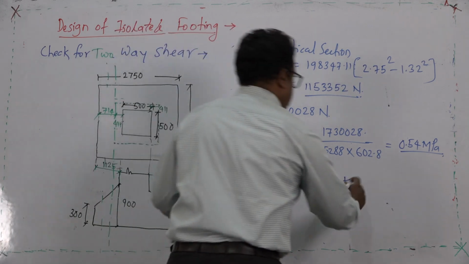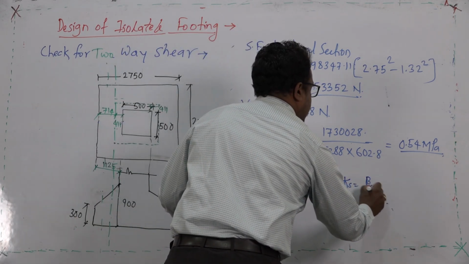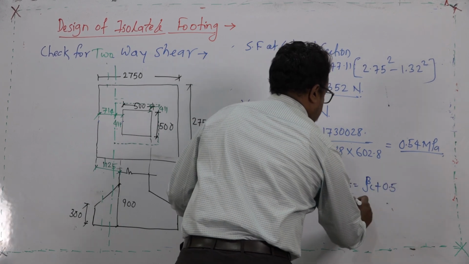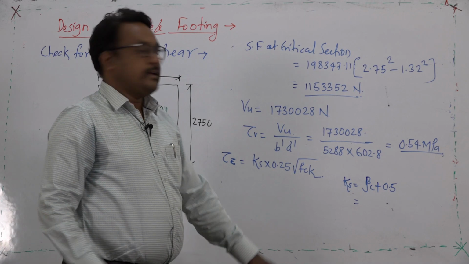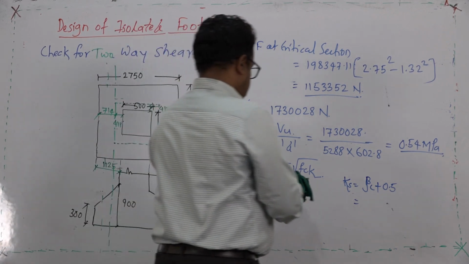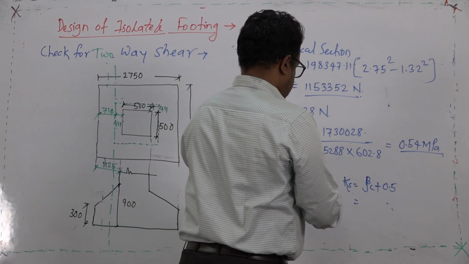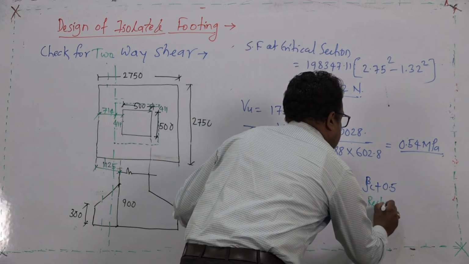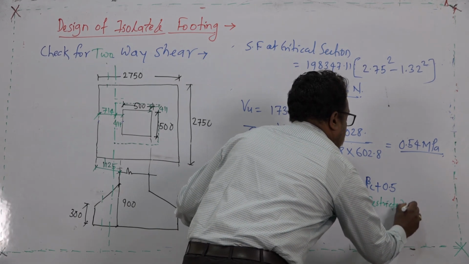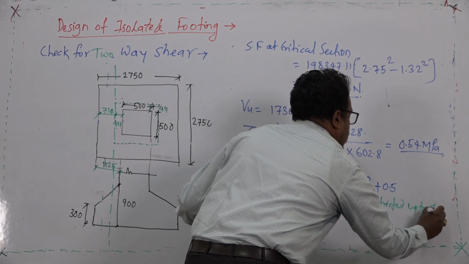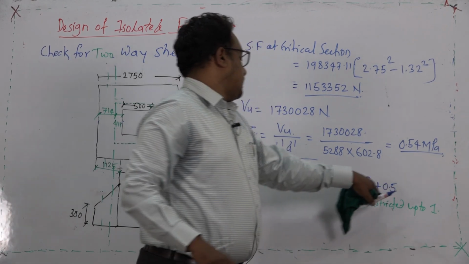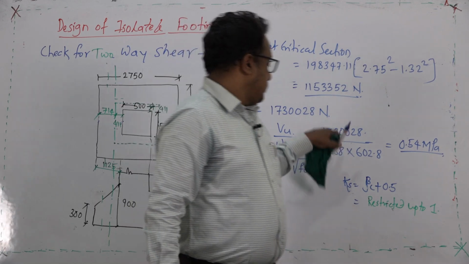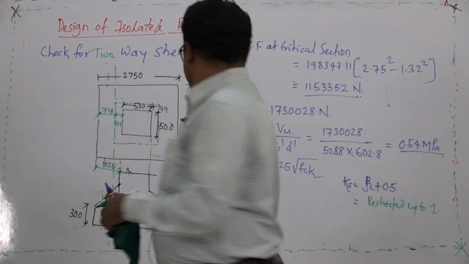The formula to estimate this Ks will be beta C plus 0.5, and the maximum permissible value of the Ks is 1 only. So, I will write here this value is restricted up to 1. Means what? We are supposed to implement this step. If it is more than 1, then we will consider that 1. If it is less than 1, then the actual value we should consider.